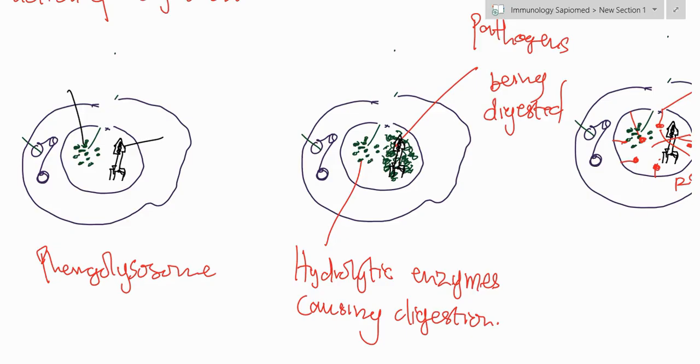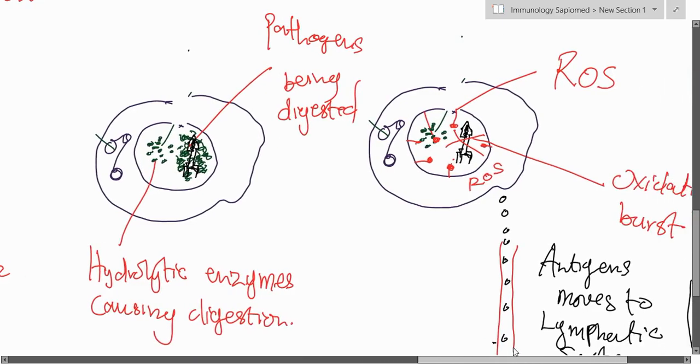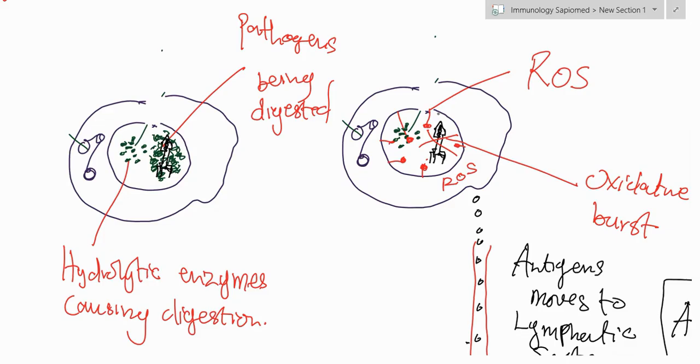The hydrolytic enzymes that are found in the phagolysosome attack the pathogen and then digest it. Now, another way in which the pathogen can be destroyed is through reactive oxygen species formation. What happens is that the membrane of the phagolysosome goes through a series of chemical reactions to produce reactive oxidant species.